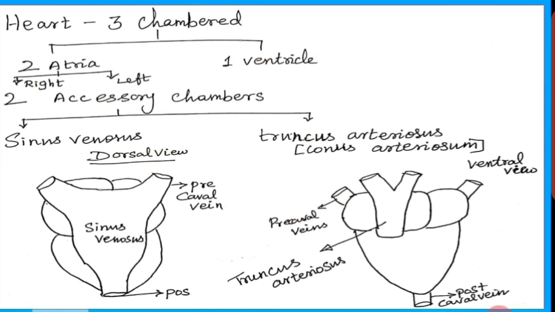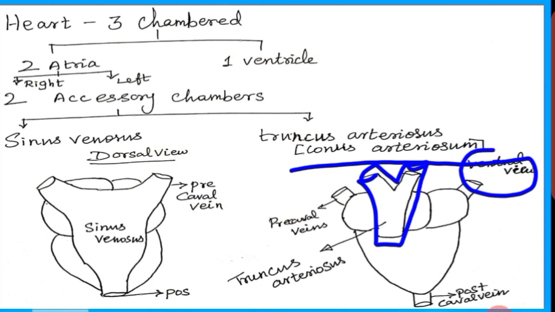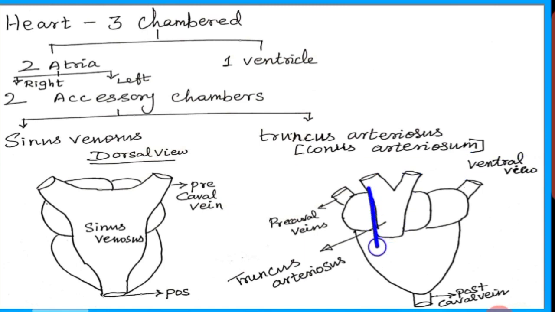Now we'll see truncus arteriosus. Truncus arteriosus is a thick-walled, cylindrical chamber. Location, ventral side of frog's heart. It rises from ventricle.